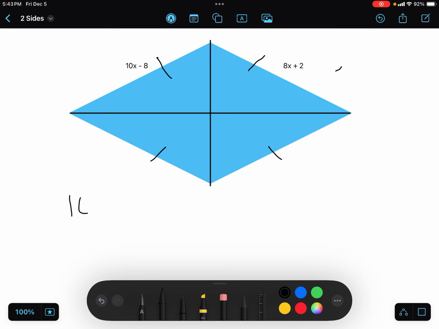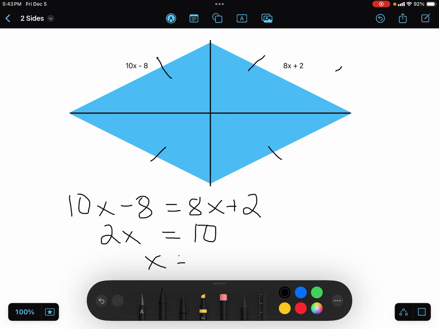Let's make them congruent. They have equal measures, so 10x minus 8 is going to be the same as 8x plus 2. That's going to wind up being 2x equals 10 and x equals 5.